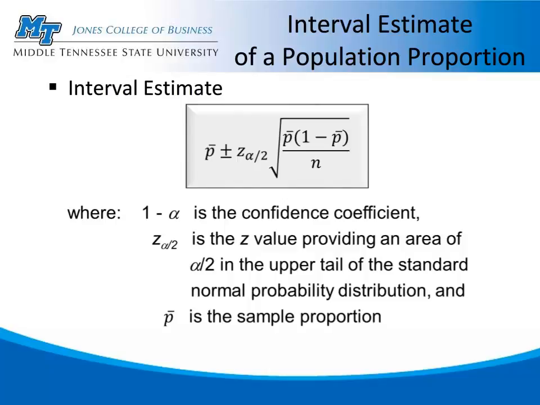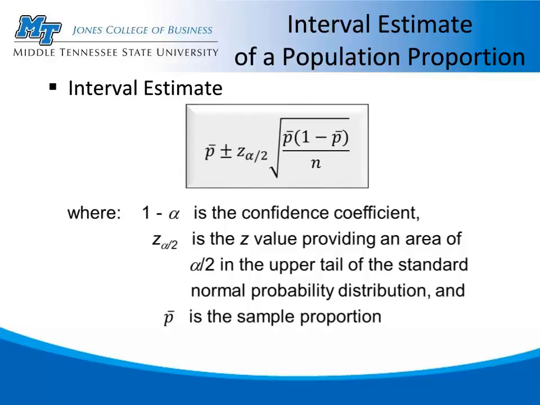But we just figure out what that z-value is that separates the upper tail from the middle part and the lower tail. Now we're going to multiply that z-value times the approximation for the standard error of the proportion. We take the square root of p bar times 1 minus p bar over n.